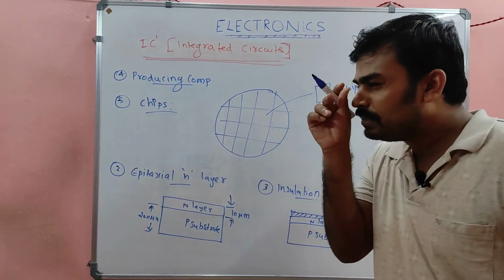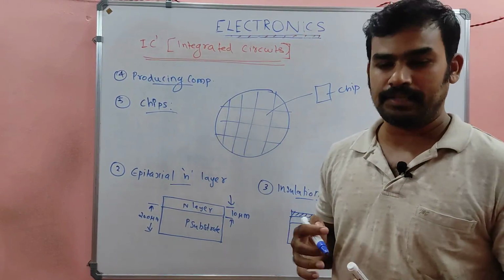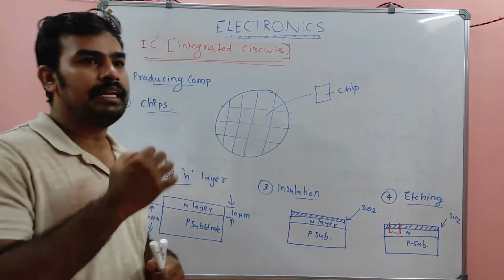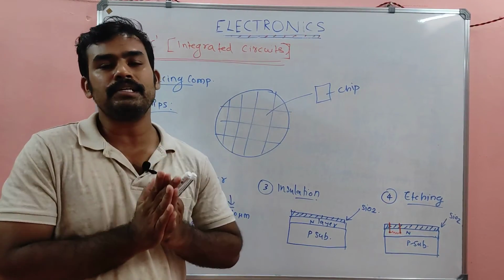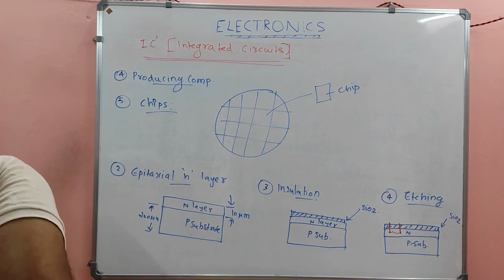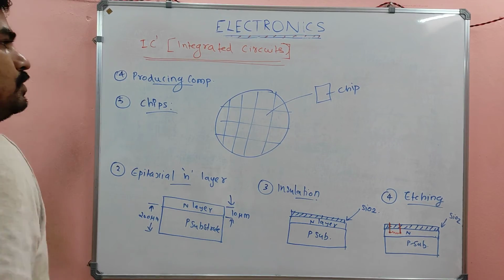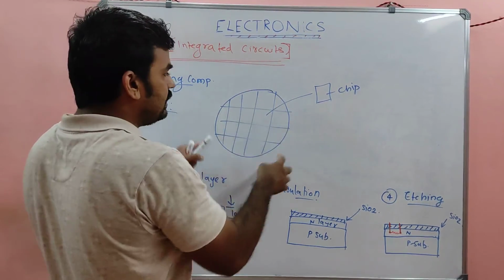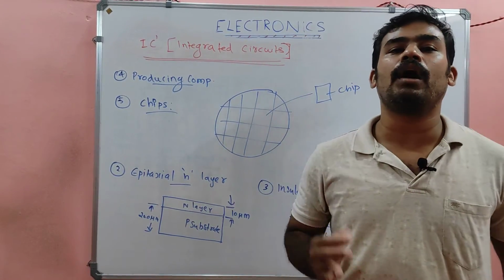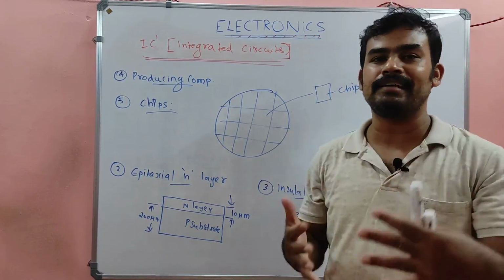A chip is a very small portion. An IC is made of so many chips interconnected. The smallest region in an IC is called the chip. The whole IC is divided into smaller areas, and these chips are interconnected.